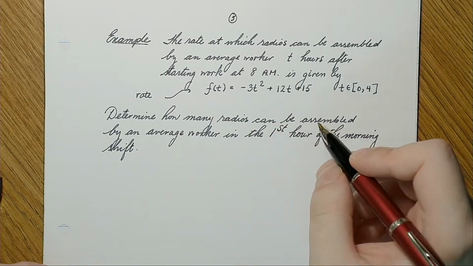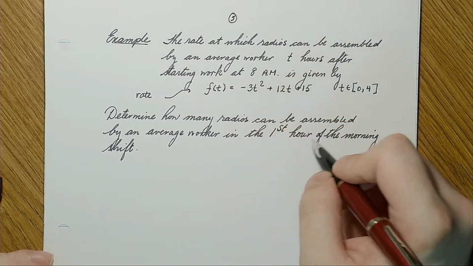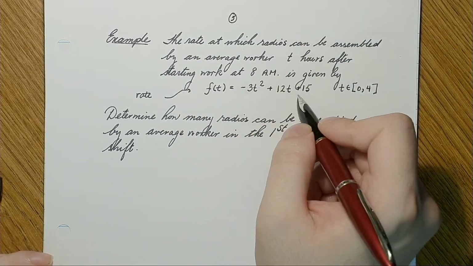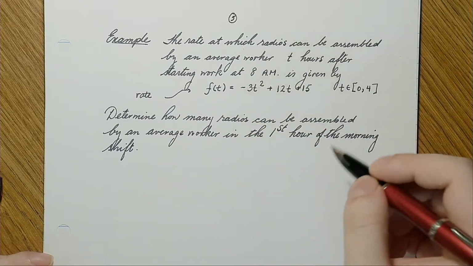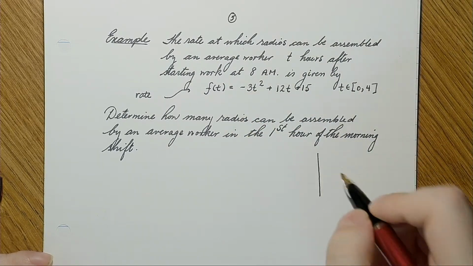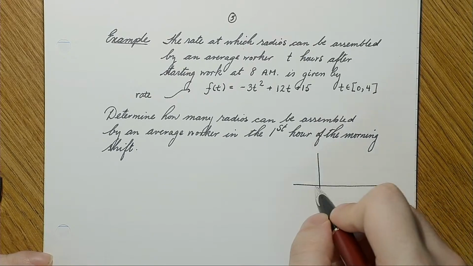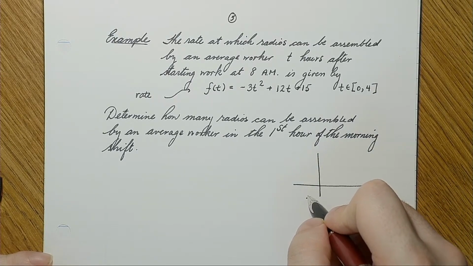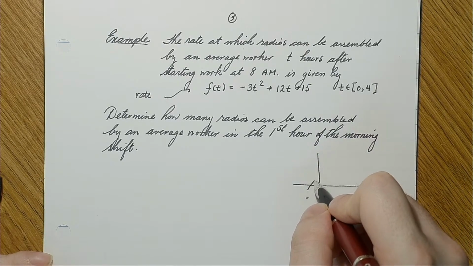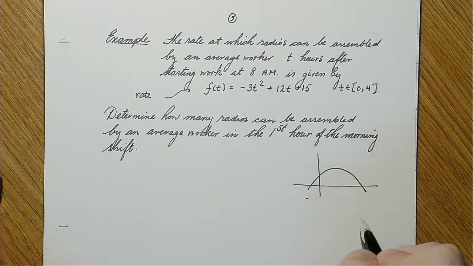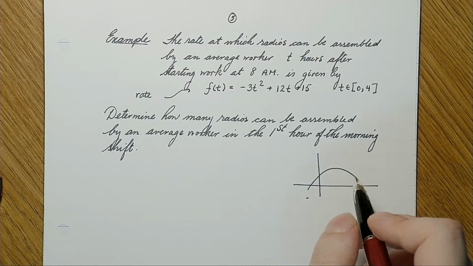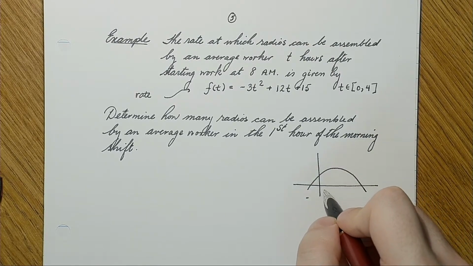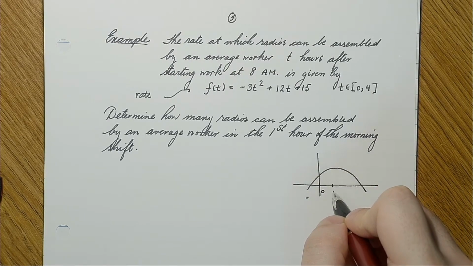So again, I'll do a quick sketch. I don't know exactly what this may look like, but from that minus 3t squared, I expect it to look something like that. Concave down. And what we're asked is to integrate from 0 to 1.